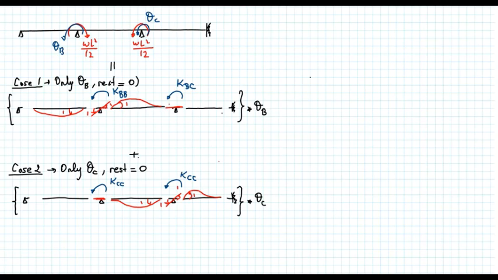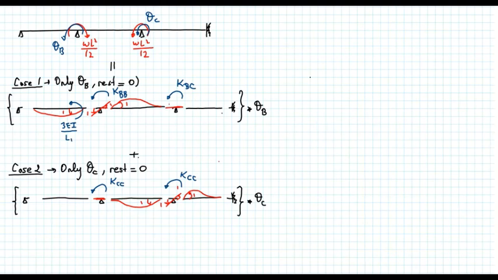So for member AB, I have a unit rotation and the magnitude of that moment. Remember that for member AB, we will be using the modified equations. That's equal to 3EI divided by L1.